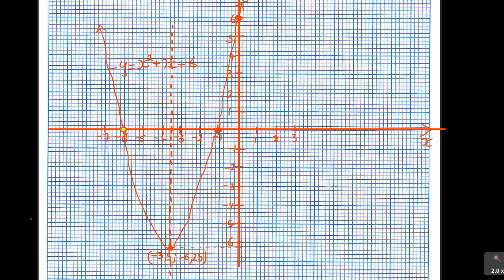And then when x is equal to 0 and y is equal to minus 6, we get another point there, and I can also have that. So now I need to join. This is a straight line that I need to join, like that.